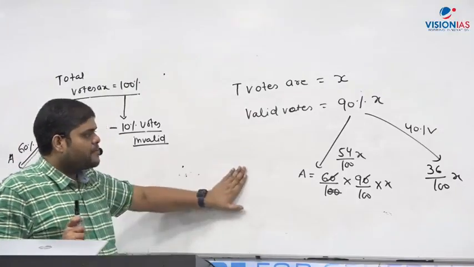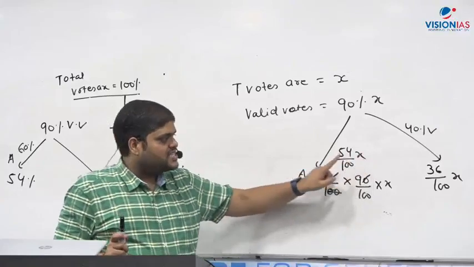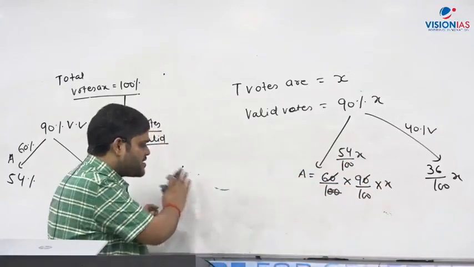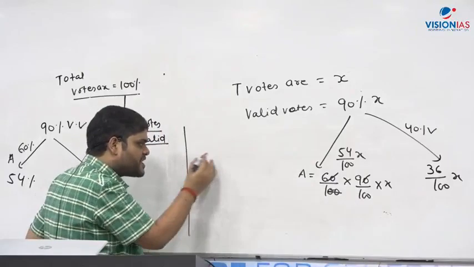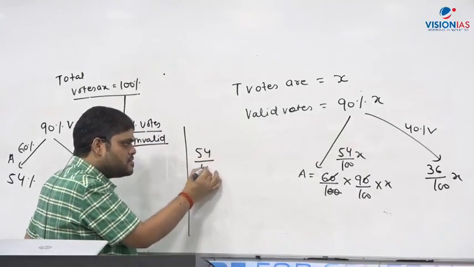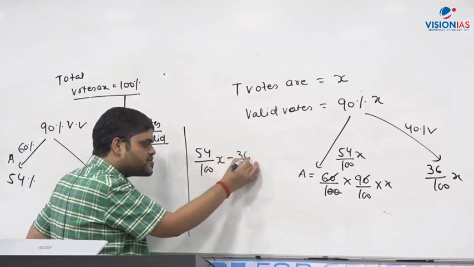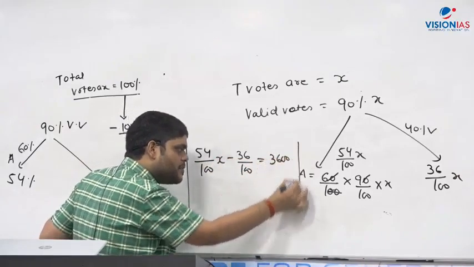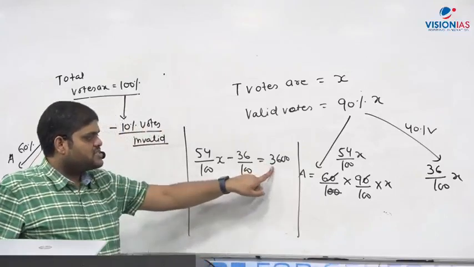If you are doing by this method, just subtract both the votes, and that will be equal to 3600.